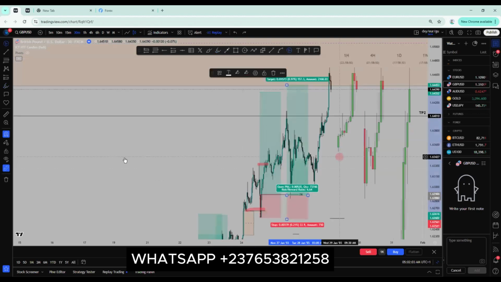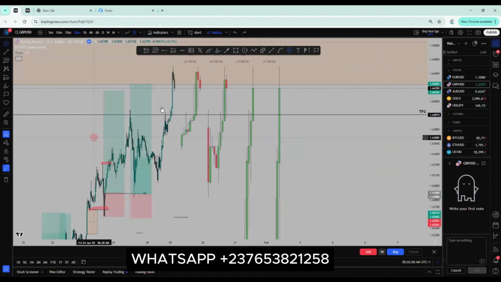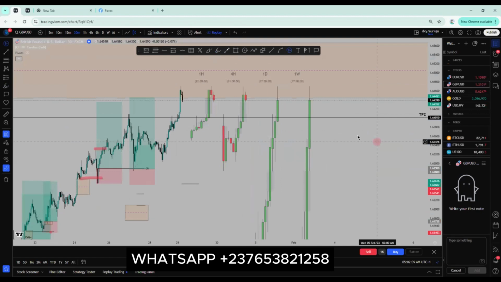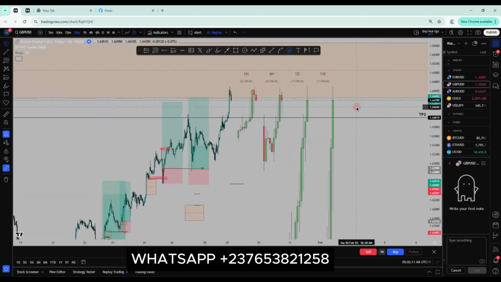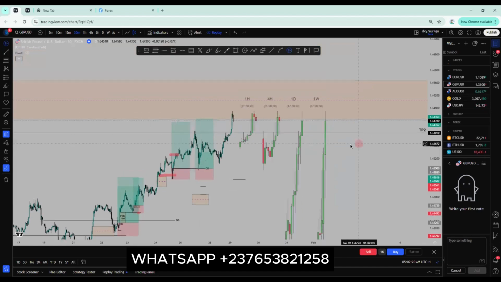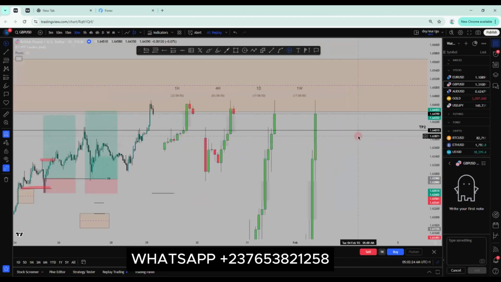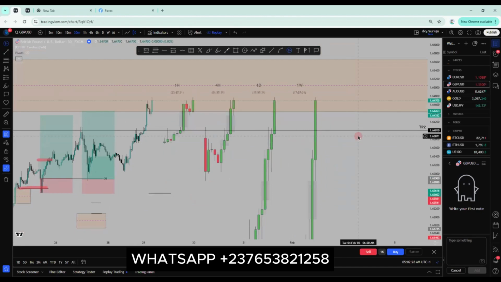Good. So we have hit our other block on the daily time frame. What are we going to be expecting next? A possibility for a reversal, right? That should be coming from the 4-hour because if it's a reversal, it's going to be a long one.